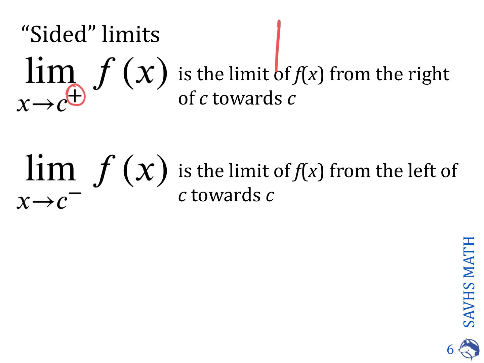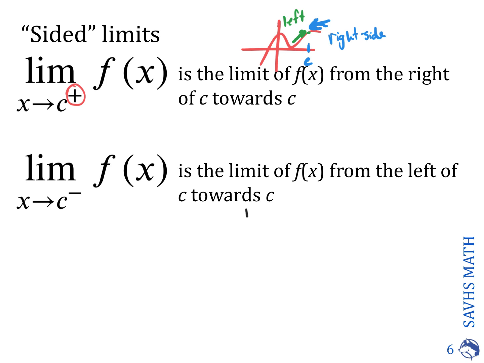So if you have a function that looks like this, and this is our spot right here, that's C, the right-sided limit is what's happening from the right to the left towards C. This is right-sided. And then the left-sided limit is what happens when you're looking from the left to go to the right. So the left-sided limit looks like this, and we're approaching that same spot, but it's different because we're looking from the left.